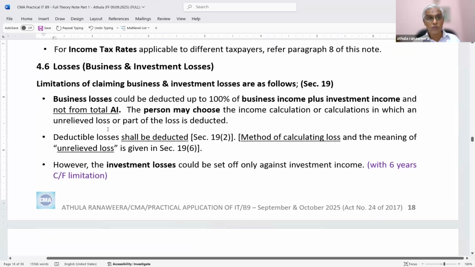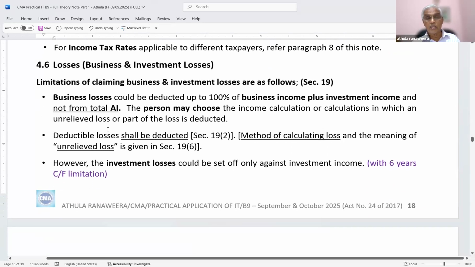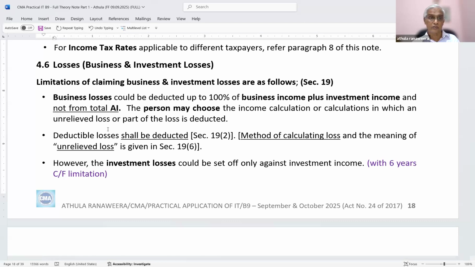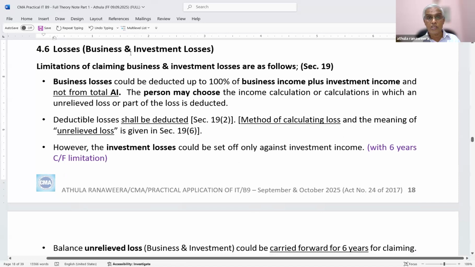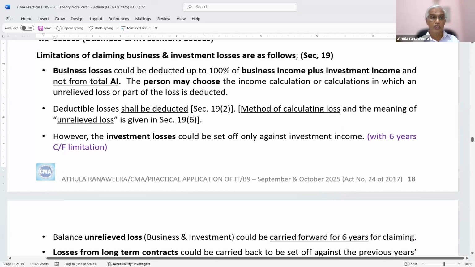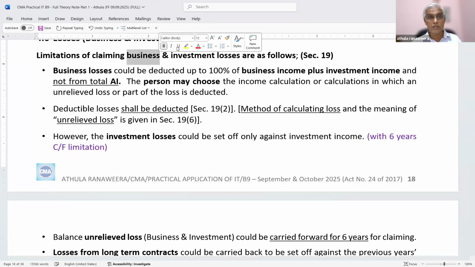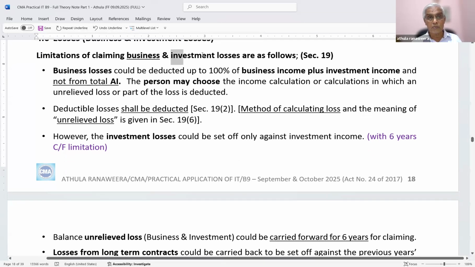Now, we will move to losses. Business and investment losses. The limitations of claiming business and investment losses are as follows. Both types of losses you can claim, not only business but also investment losses.